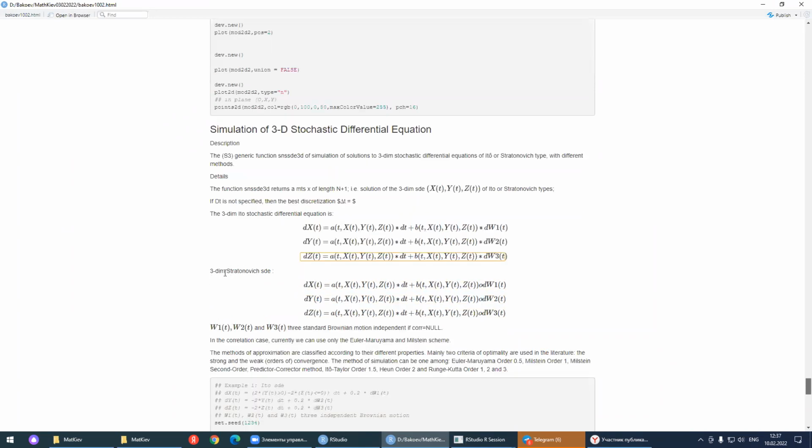This is a 3-dimensional Stratonovich stochastic differential equation, where W1, W2 and W3 are independent standard Brownian motions. It doesn't matter, you can use independent ones or use some correlation matrix. We have a procedure using a correlation matrix too.